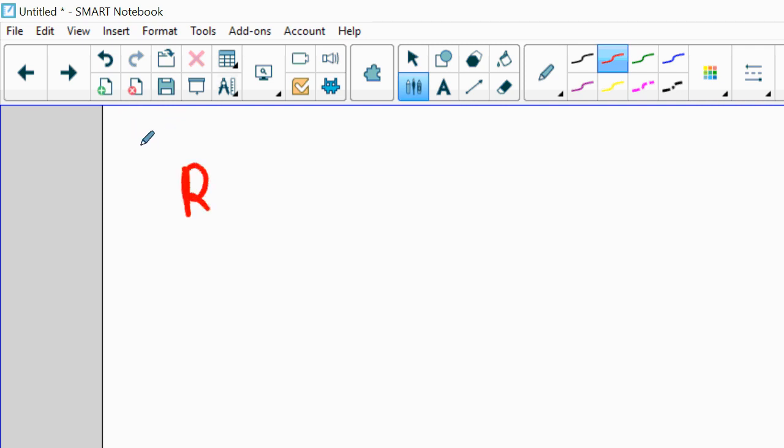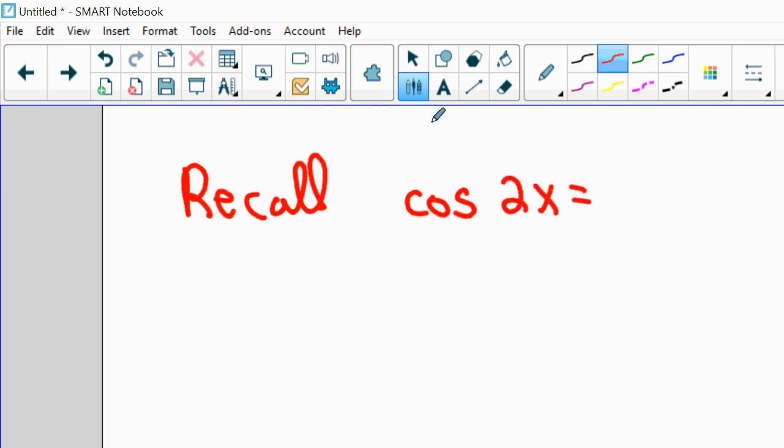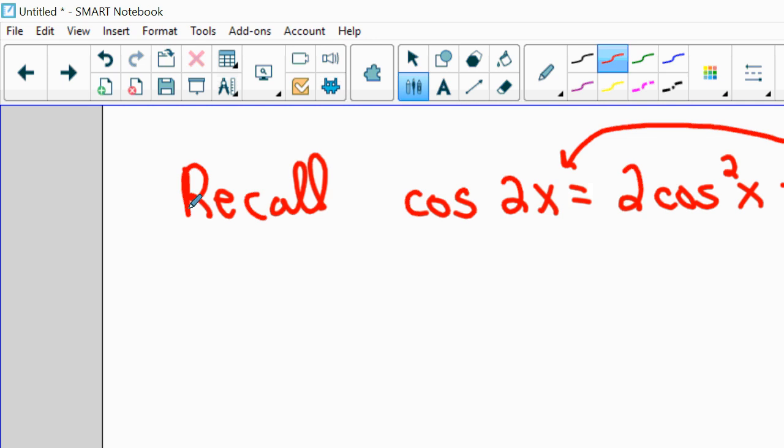Recall that cosine of 2x equals 2 cosine squared x minus 1. You will memorize that this way in trig. That's your formula. That's what you use. But in calculus class, you memorize it this way.